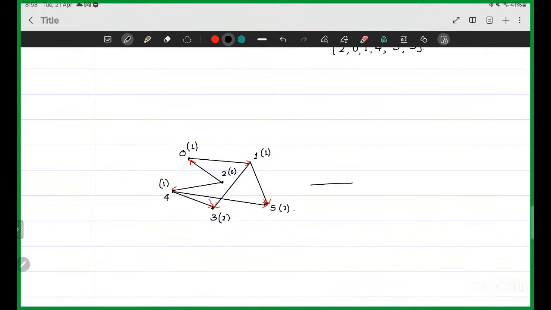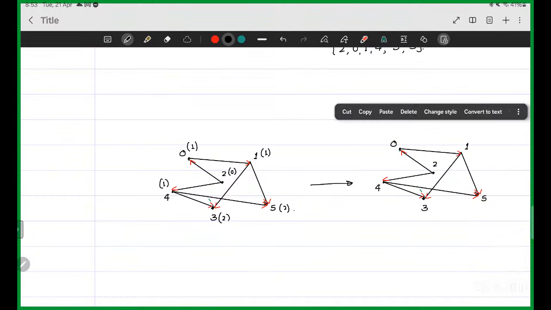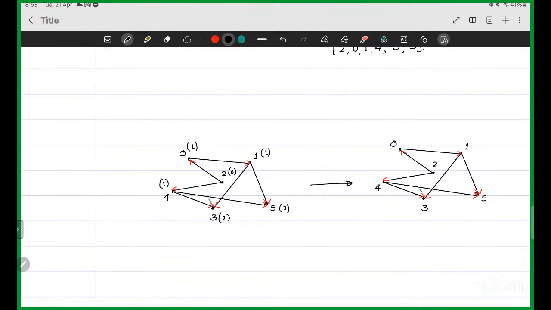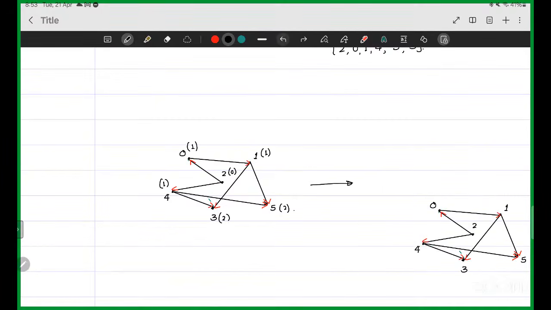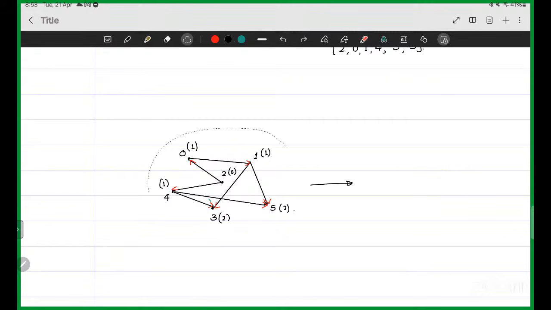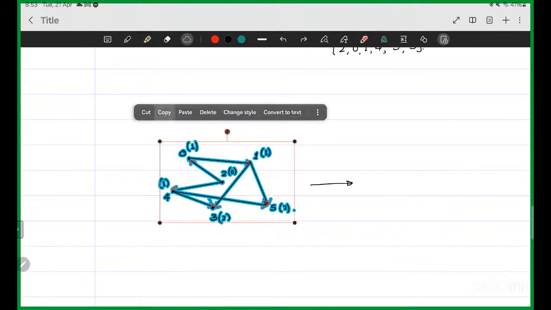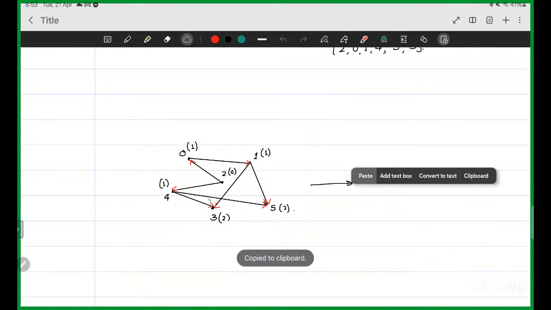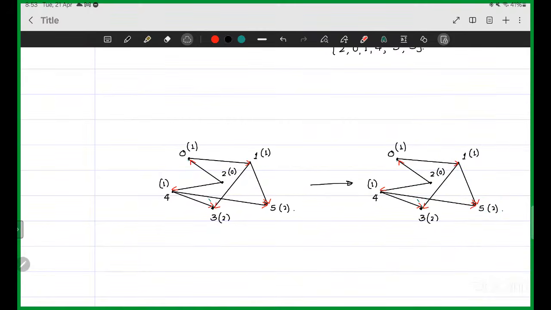What you do is, in the next step, as we were saying earlier, you remove this. Maybe we'll copy this one. What you will do is take this, remove the 0 in degree vertex, and update the in degrees now. What vertices will have their in degrees changed? 0 and 4.